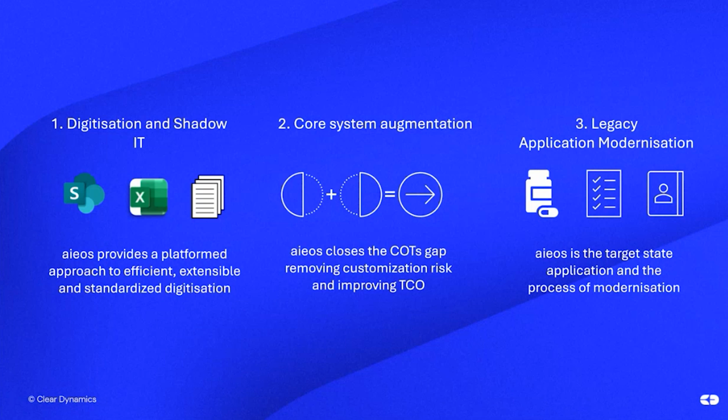The second is what I would call core system augmentation, and that's where our customers are using off-the-shelf products. They need functionality that's related to that off-the-shelf product, but it's not built directly into it. So they need to effectively either customize it or find another way to deliver that solution.